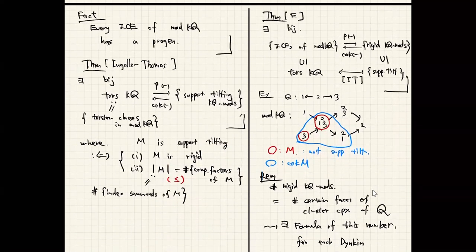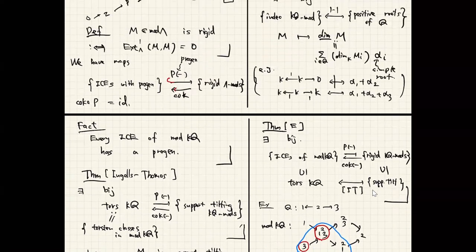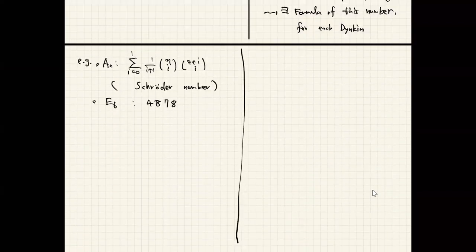And actually, the non-trivial part is that we already observed that we have this map and this map is identity. So the non-trivial part is that for any rigid module M, its cok becomes an ICE subcategory. It's a non-trivial part.